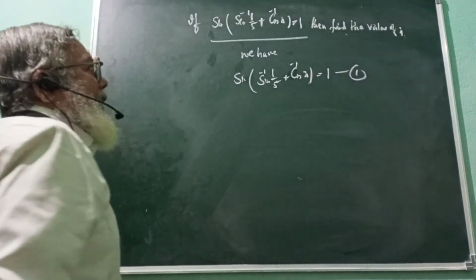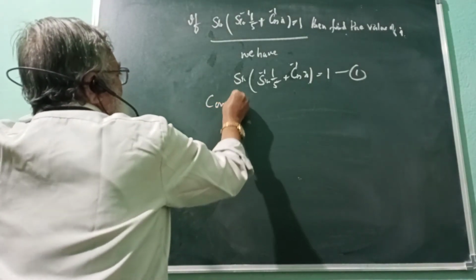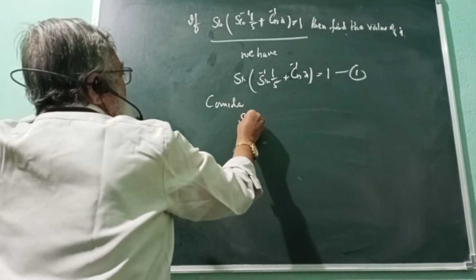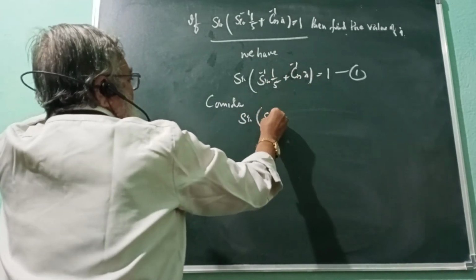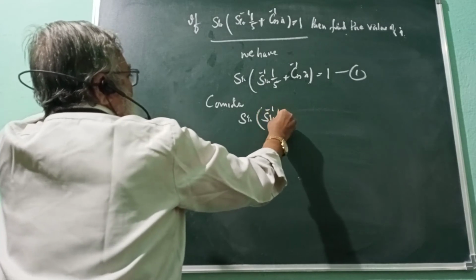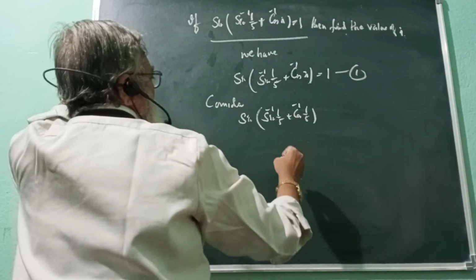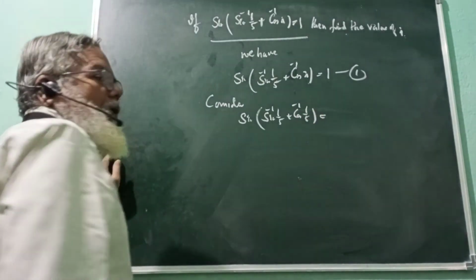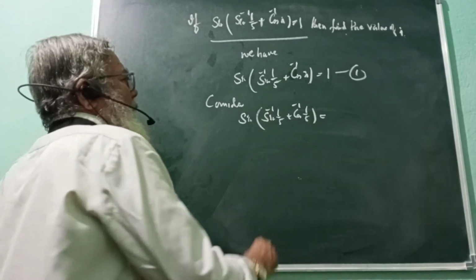Now, let us see here, we take by ourselves, we'll see what happens if we take x is equal to 1 by 5. Sin inverse 1 by 5 plus cos inverse 1 by 5. By the formula you know, sin inverse x plus cos inverse x is equal to pi by 2.